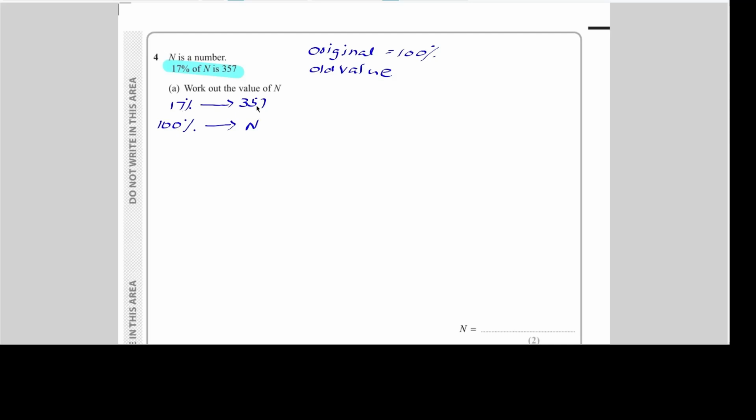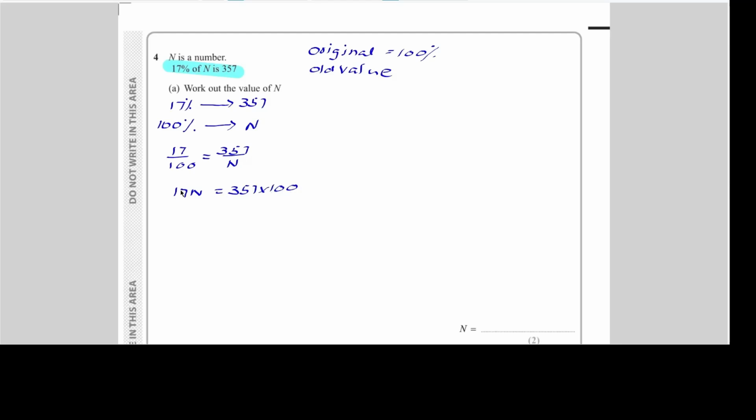Then we can cross multiply and figure out what n is. Those who don't know what proportion is, you can straight away consider this as a fraction. So 17 over 100 equals 357 over n. Now just cross multiply. Then 17n equals 357 into 100.